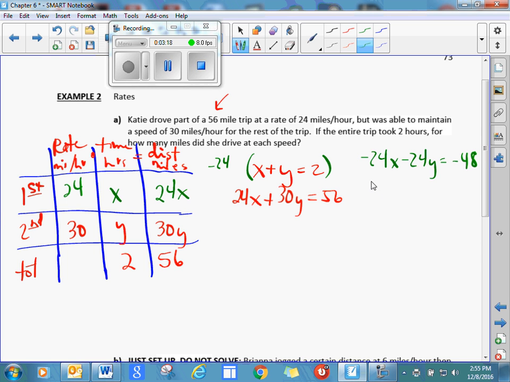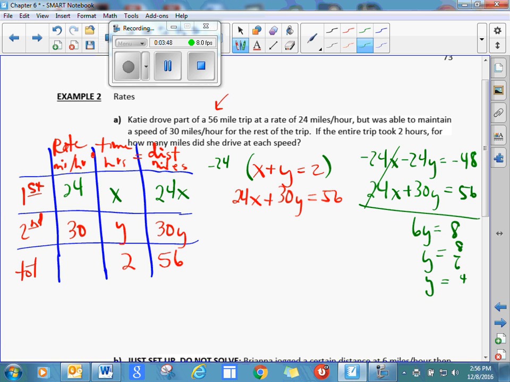And then I'm going to stack it right above the equation that has to do with the miles, and add these together. That was my whole goal when I eyeballed what I could do to get rid of one of these variables, and that's why I multiplied by negative 24. What do I have left over here? 6y equaling 8, or y is equal to 8 over 6, which reduces to 4/3.